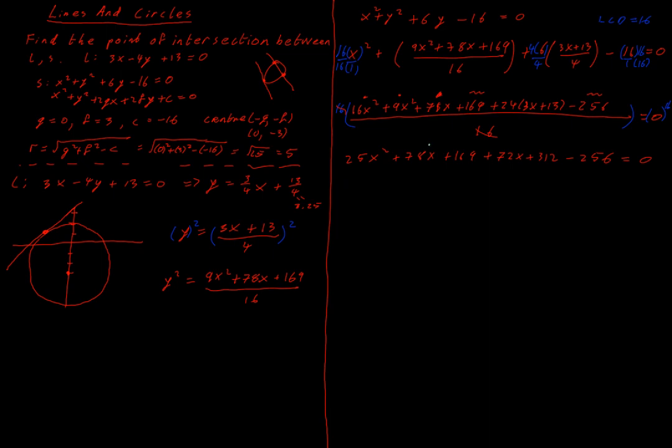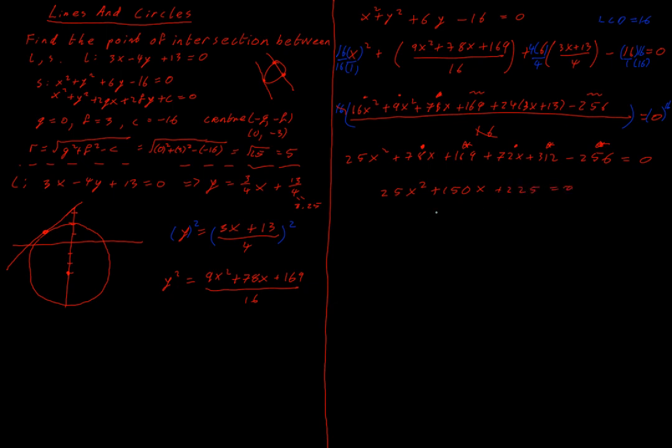Now I can add up all of my like terms. I can put dots here, stars here. And when I do that, I get 25x squared plus 150x plus 225 is equal to 0.